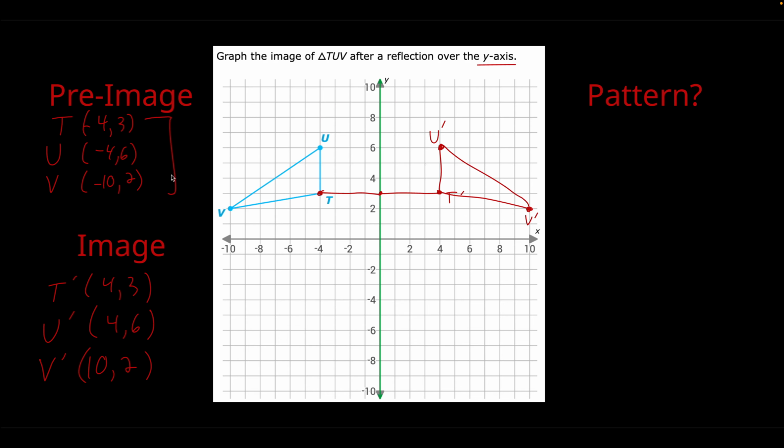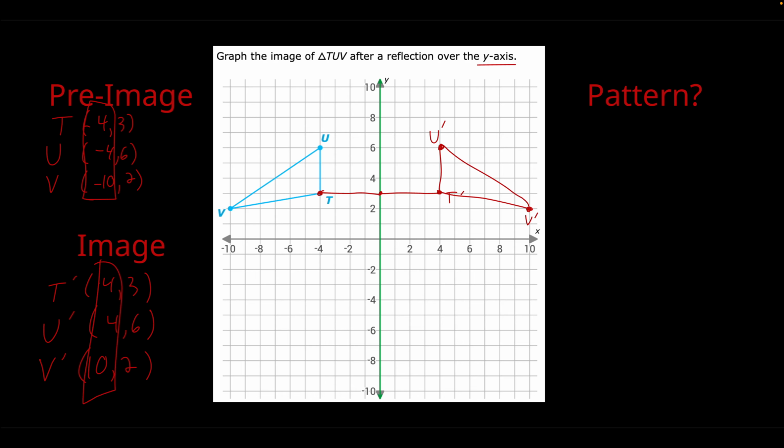So if you want to look at these numbers and then look at the prime numbers and see if you can figure out the pattern, you can pause the video, but I'm going to tell you the answer in 3, 2, 1. So the pattern here is that all of the y values switched from negative to positive. They all switch to positive numbers down here.